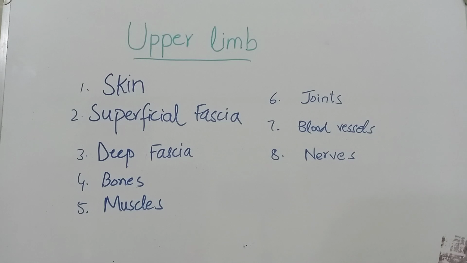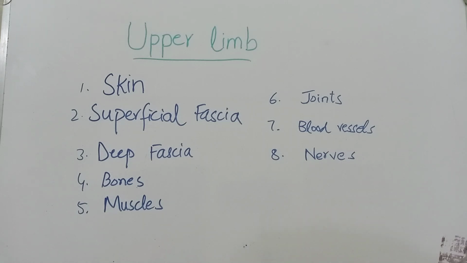To learn about the bones of the upper limb, you will have to watch the other videos about the bones of the upper limb. We will study the clavicle, the scapula, the humerus, radius, ulna, the carpals, and metacarpals.